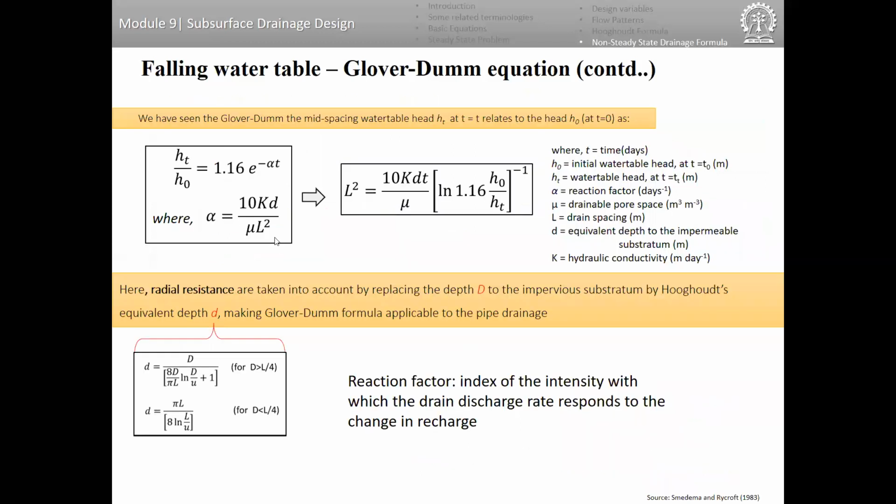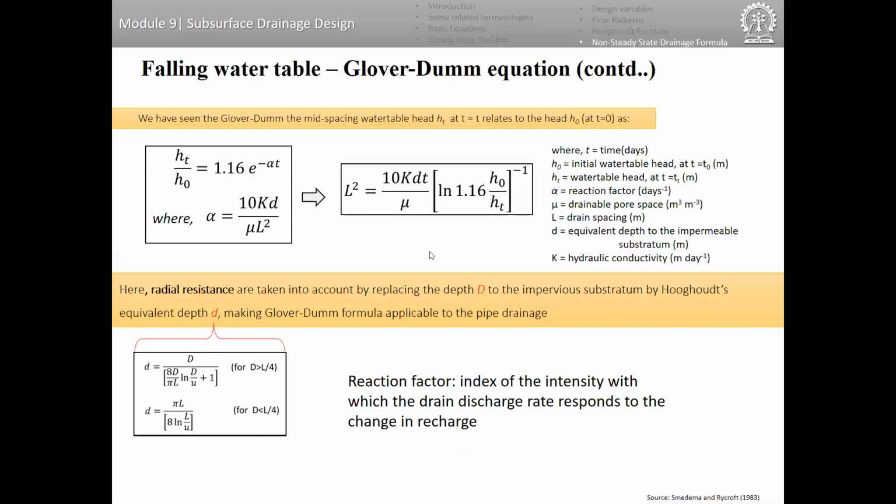Combining these, we can write L square is equal to pi square K D t upon mu into natural log of 1.16 h0 by ht, the whole raised to minus 1. This is the Glover-Dumm equation, where we can relate the change of water table head with respect to time, from time t equal to 0 to time t.